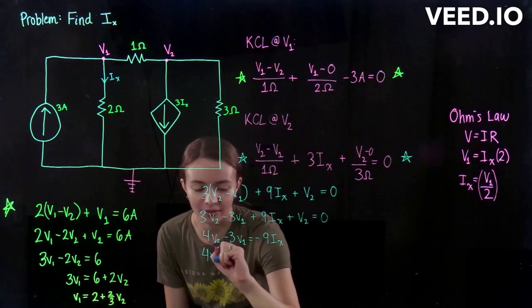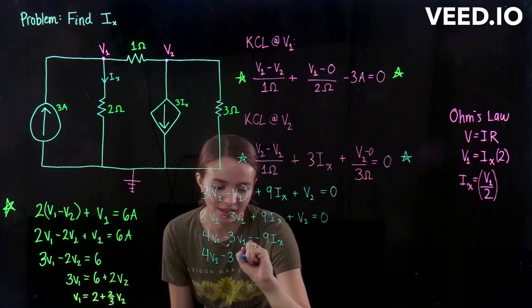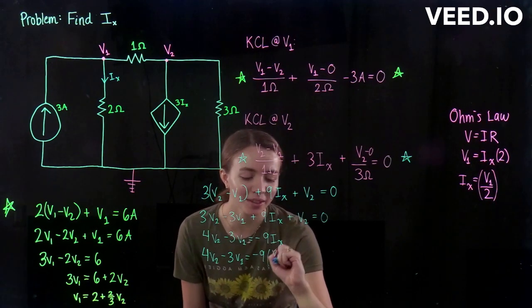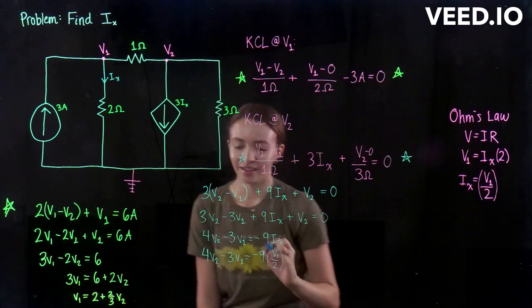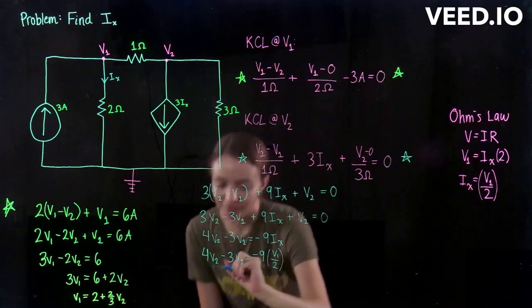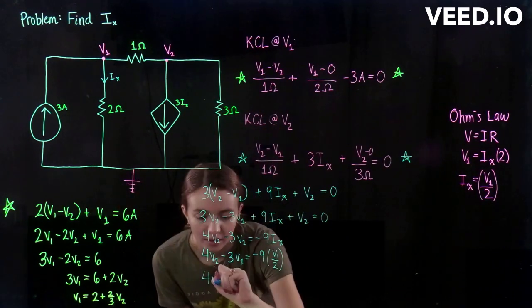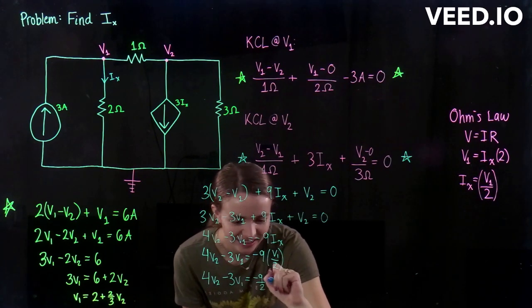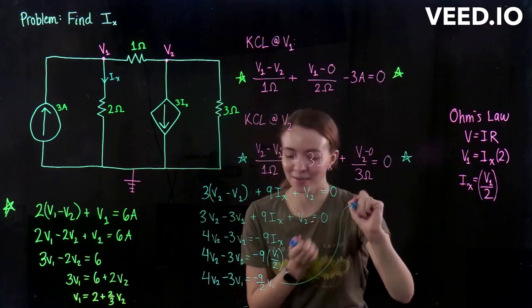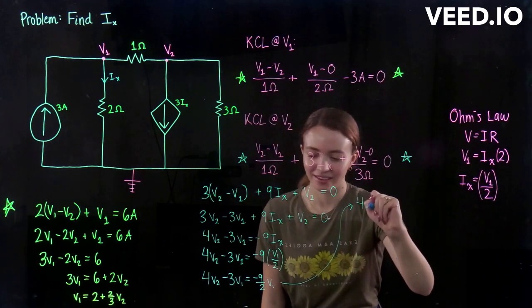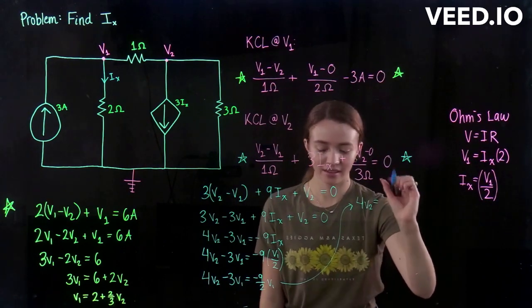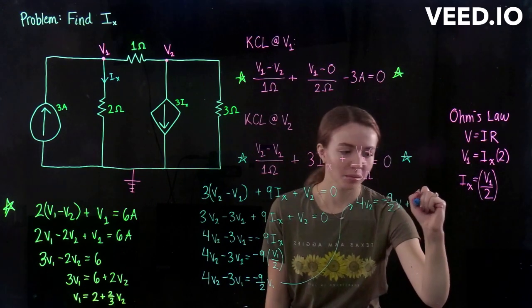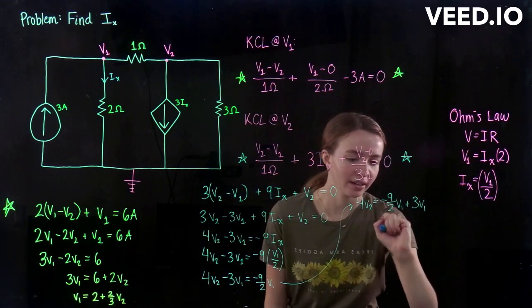So we now have 4V2 minus 3V1 equals negative 9 times V1 over 2. And now we're going to solve this out a little bit more. Okay, we're just going to carry the work up here so it doesn't get cut off, but we have plus 3V1.